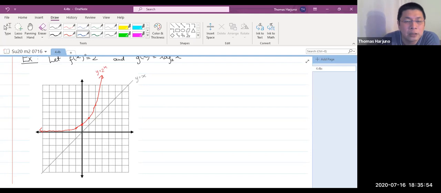Then what happens is, you see the y-intercept (0, 1) becomes (1, 0), (1, 2) becomes (2, 1), (-1, 1/2) becomes (1/2, -1). Basically, it will look like that.